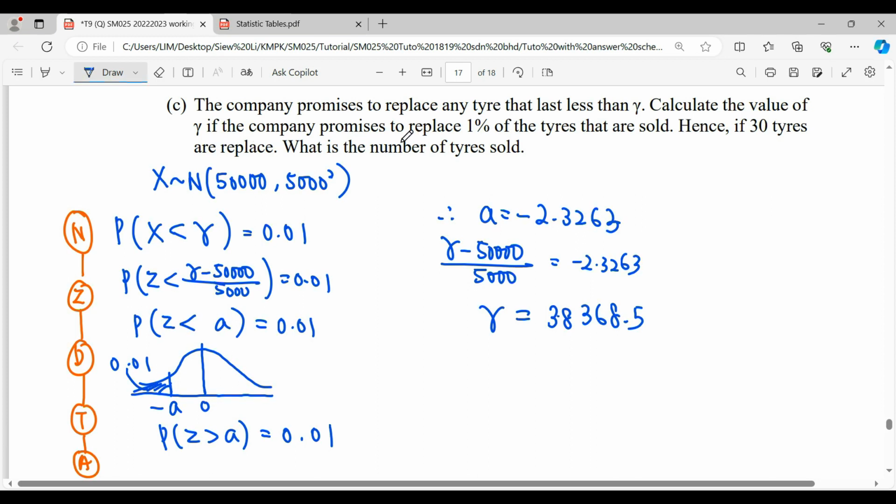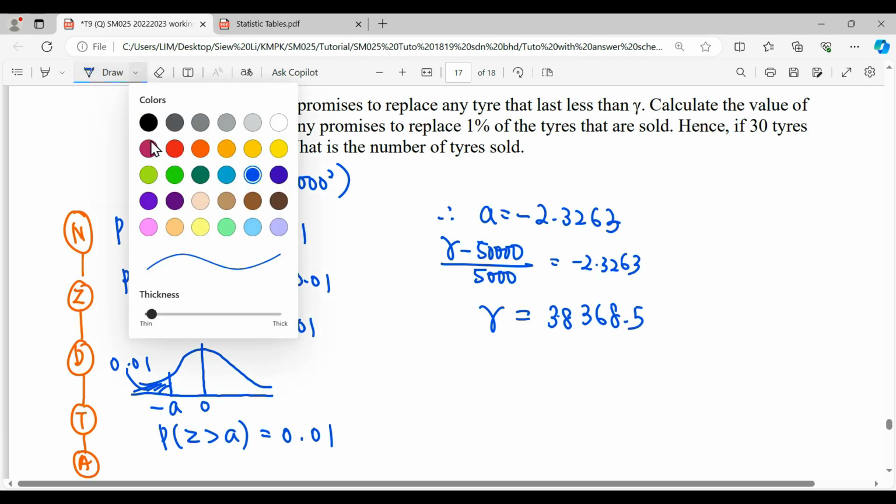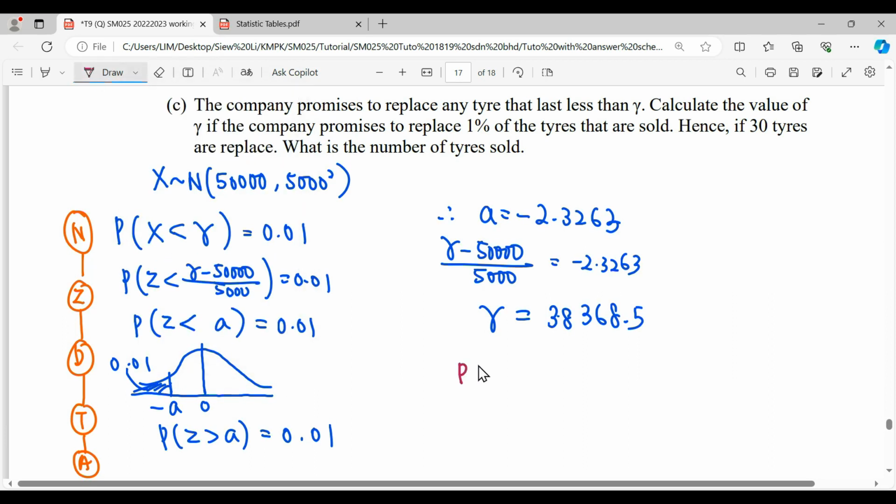We need to find the number of tyres that were sold. In this case, the probability of replacement is equal to 0.01 and the number of tyres replaced given here is 30. So they want us to find the sample space, which is the total tyres sold.